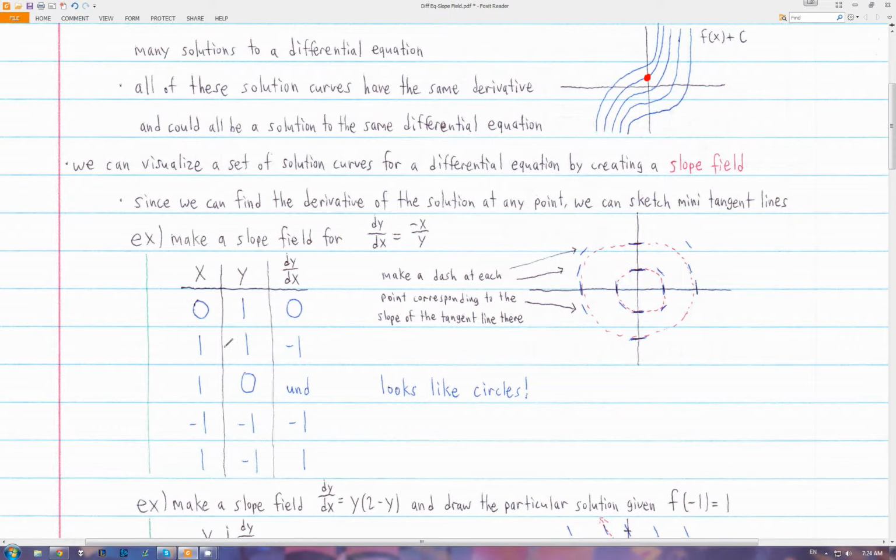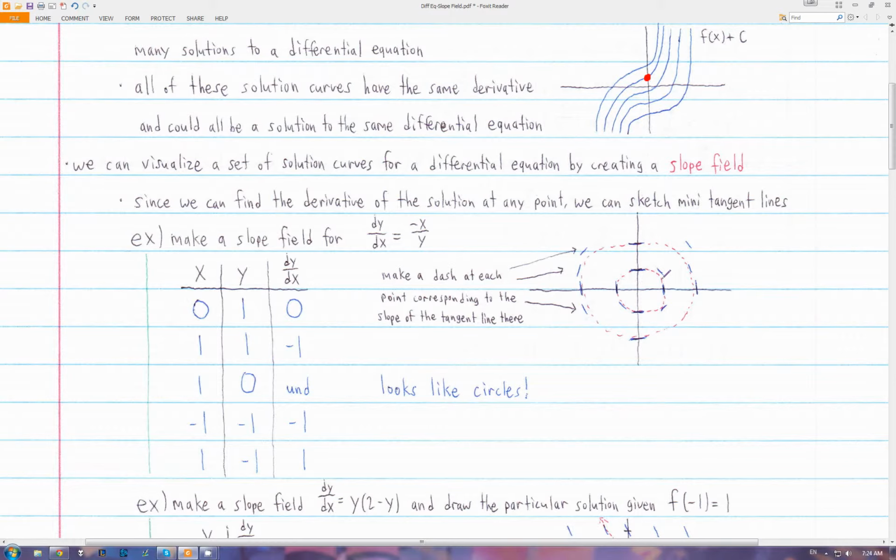So then we plug in more values. At 1, 1, we have a slope of negative 1. So we draw a downward slanting line segment. And then at 1, 0, we have an undefined slope, because the bottom of the derivative is 0. And so we can guess that this means it will be a vertical line.